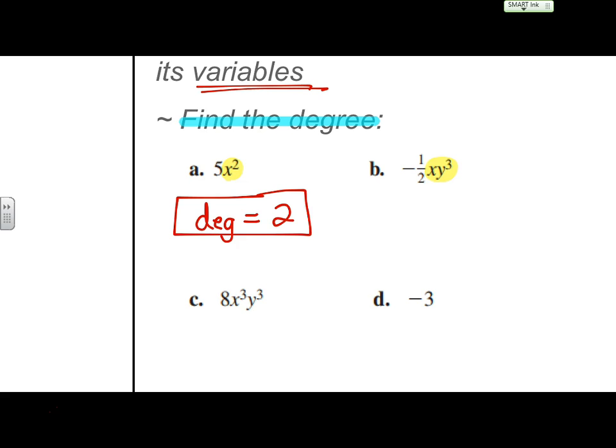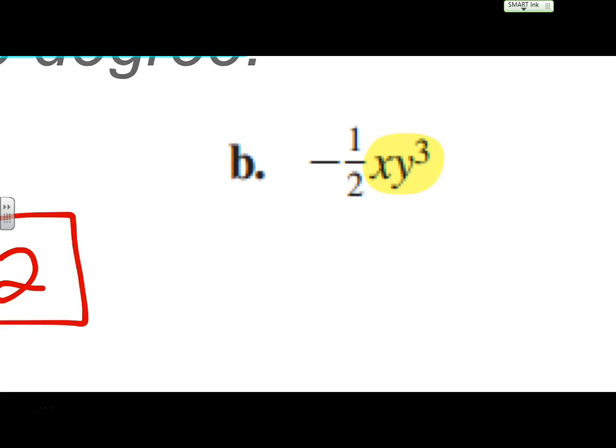Have I already highlighted the variables in letter B? Yeah. Now hold on, wait. In those variables, y has a power of 3. What does x have as its power? Good. Some of you would forget that. But y has a power of 3. Any variable without a power has an understood power of one, because we could write this as x times y times y times y, right?